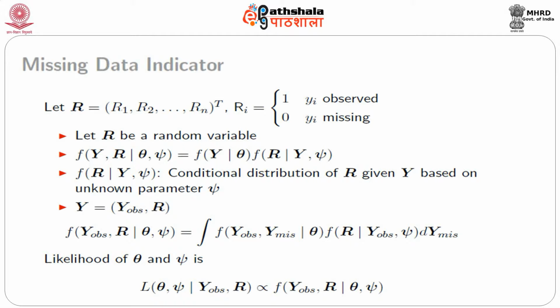So that means from the joint distribution of y observed, y miss and r, we are marginalizing out to get the joint distribution of y observed and r. So here the likelihood of theta and psi is proportional to the density of y observed and r given theta and psi.